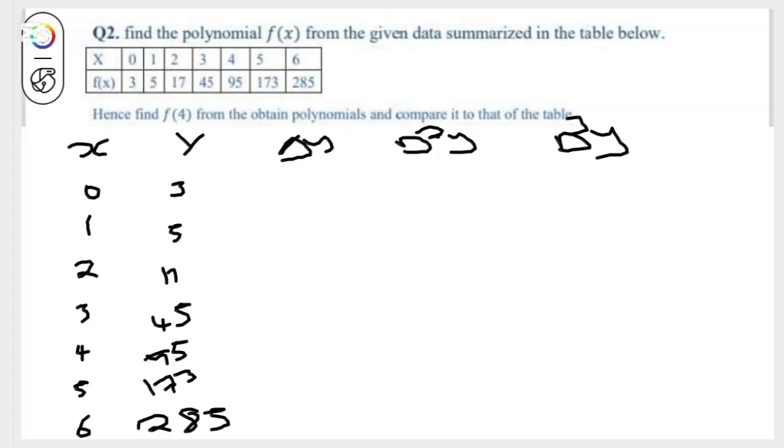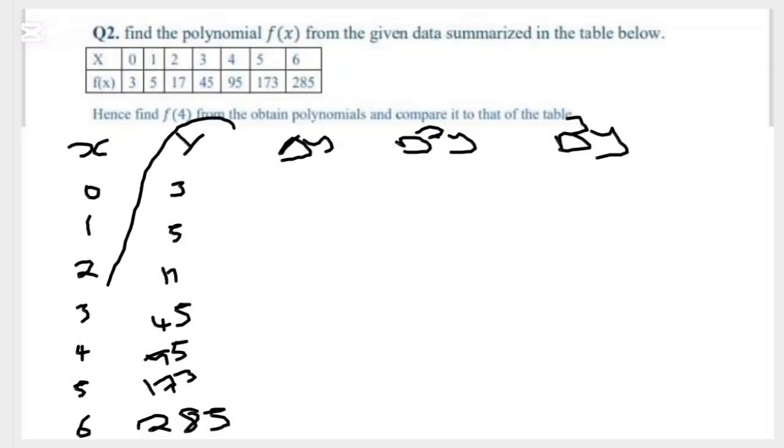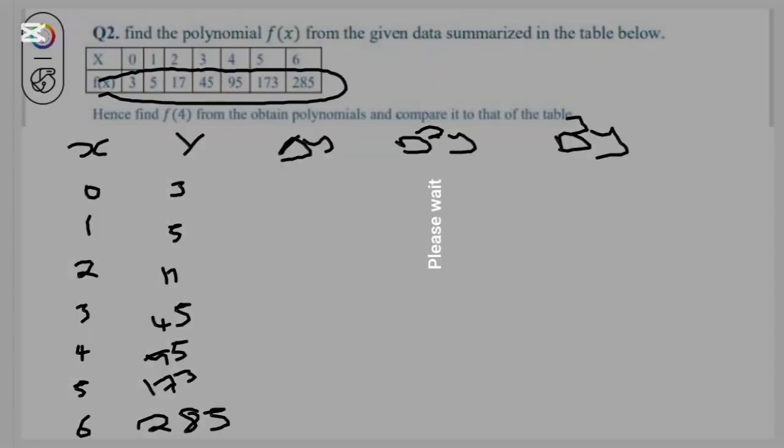As you can see, the values of x go from 0 to 6, and the values of y from the table are 3, 5, 17, 45, and 95. So how can we find dy, d square y, and del cube y?